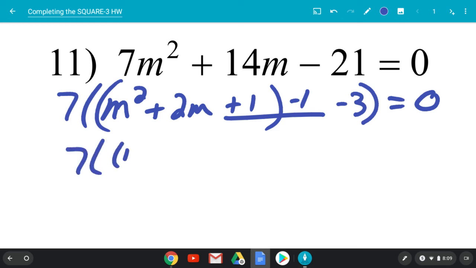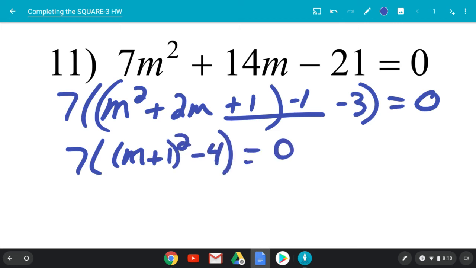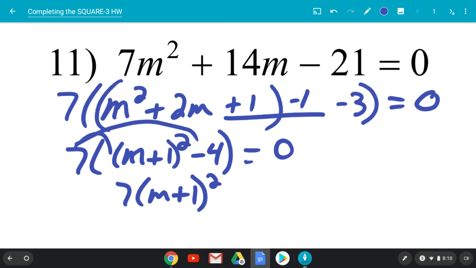So 7 times m plus 1 quantity squared minus 4 equals 0. Distribute my 7 back in. 7 times m plus 1 quantity squared minus 28 equals 0. Some of us are rocking it. Others, not so much.